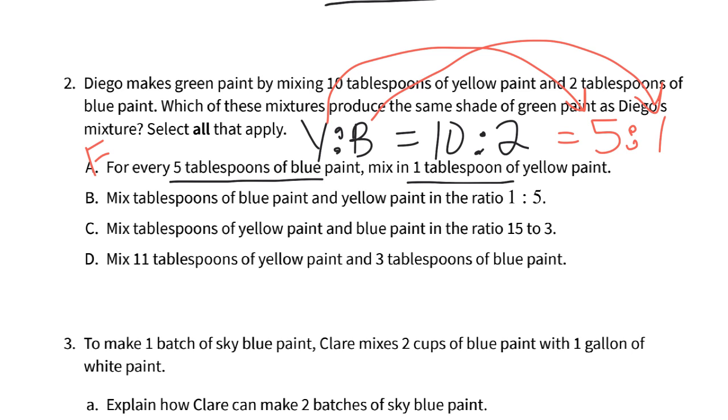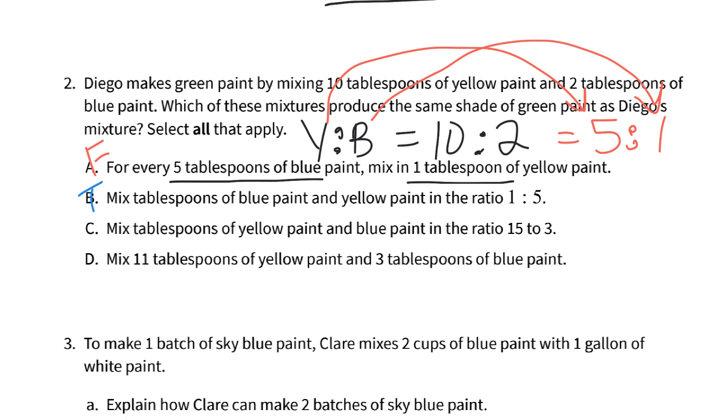Mix tablespoons of blue and yellow in the ratio of 1 to 5. Blue to yellow is 1 to 5, and we can see blue to yellow is 1 to 5. So that is a true statement right there. That B is a true statement.